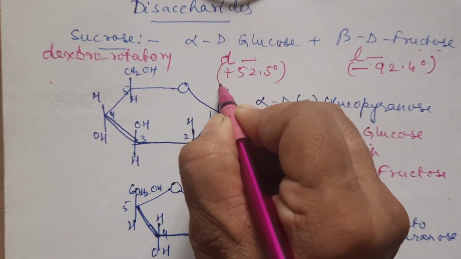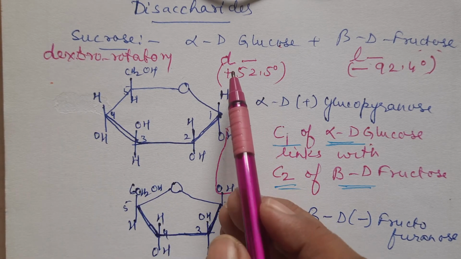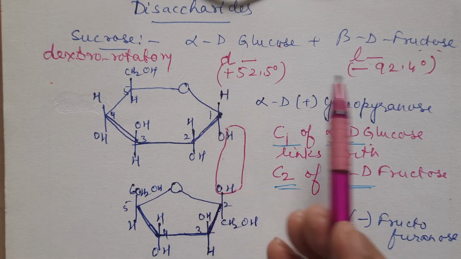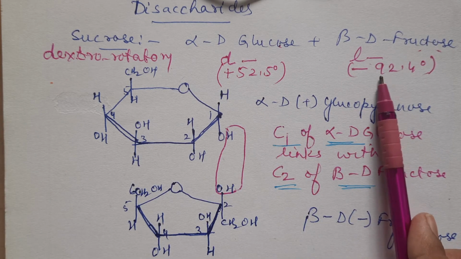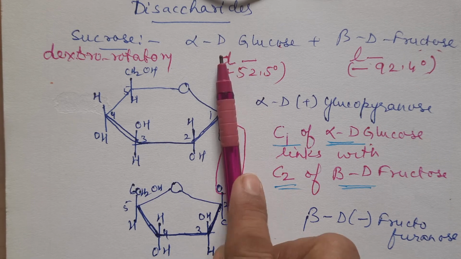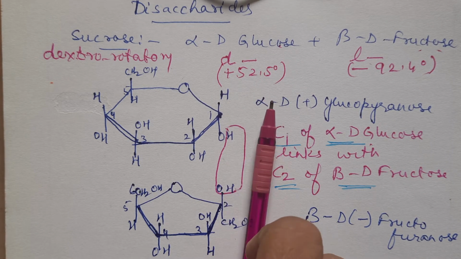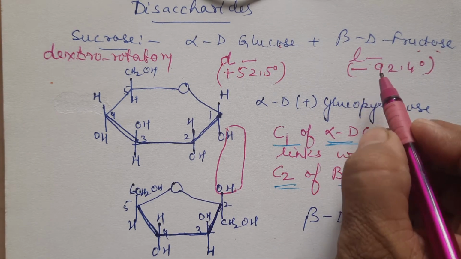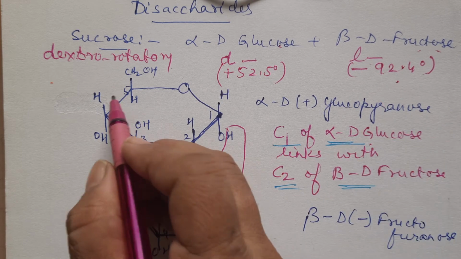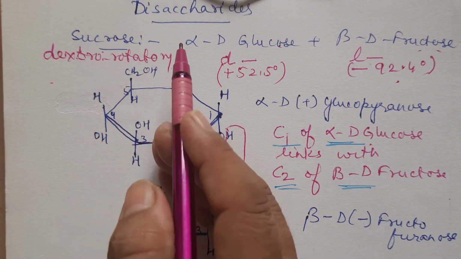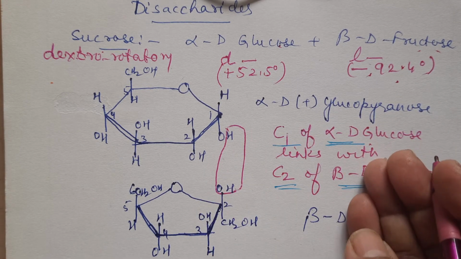That means when this sucrose is hydrolyzed, it gives a levo component, which rotates the light towards the left-hand side by this angle, and the dextro part rotating towards the right-hand side by 52.5. Which component is more? We know the levo component is more. So after hydrolysis, it forms more of a levo component.